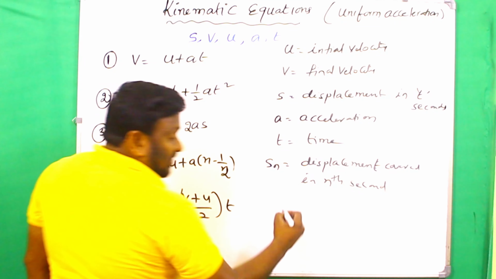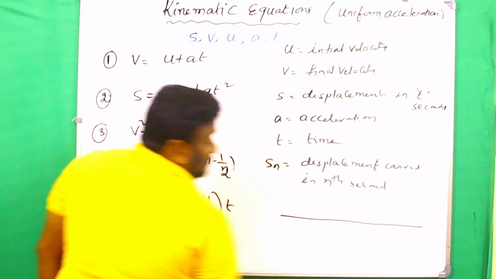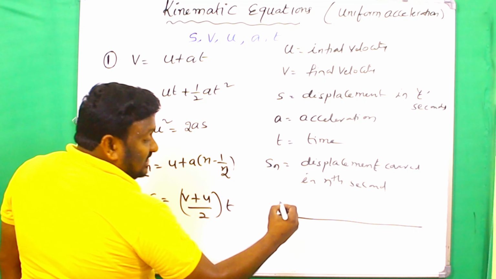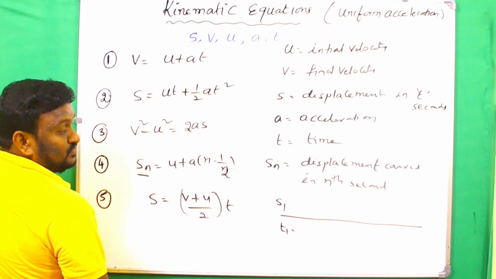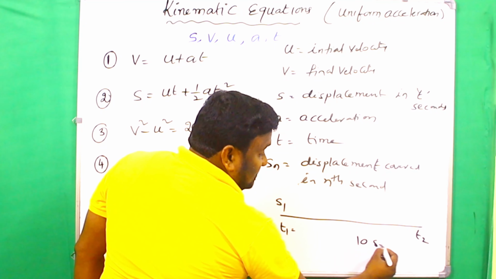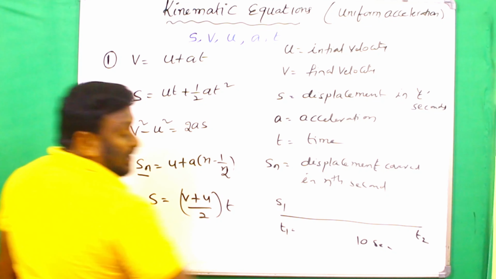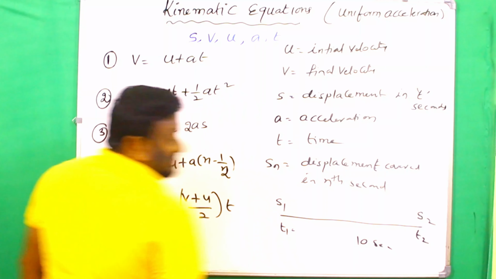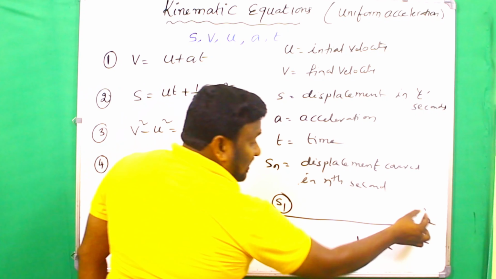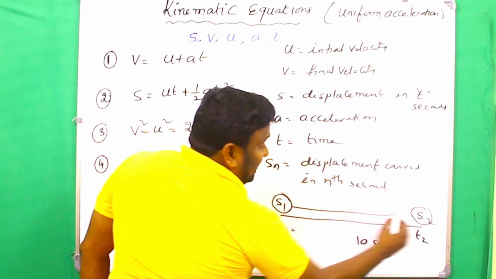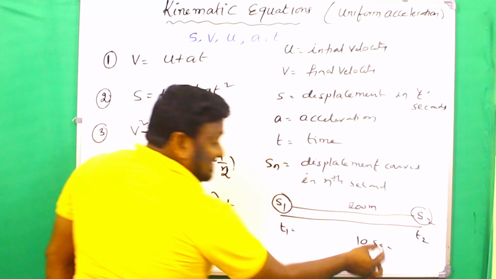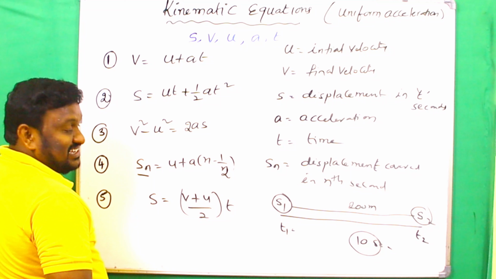For example, taking the same example, initially the time is t1 and the displacement is s1, and after some time t2, say 10 seconds, the final displacement is s2. The total displacement we are taking is 200 meters in 10 seconds.